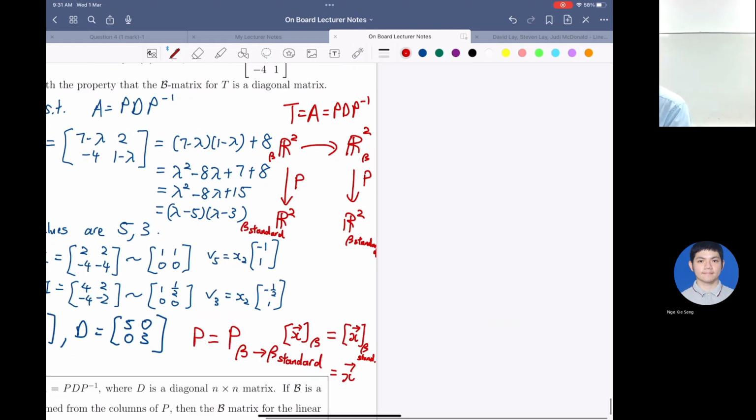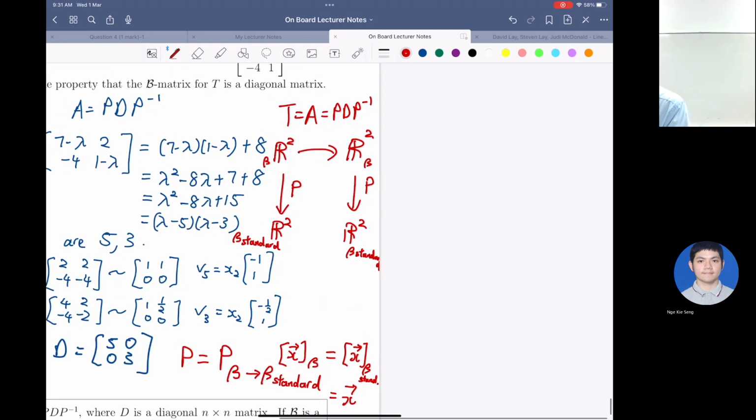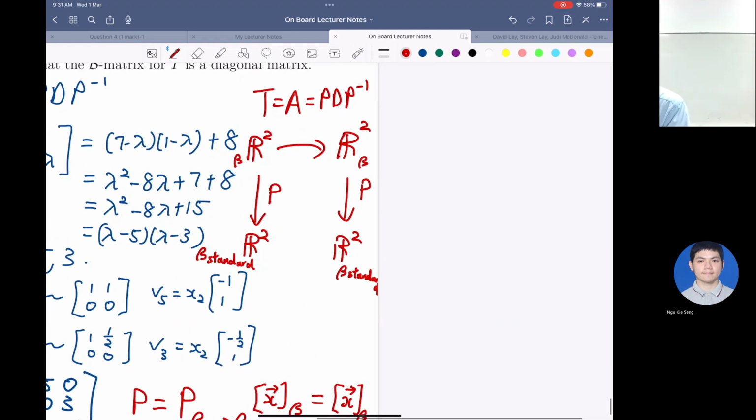What we are doing on R2 is really between B standard.